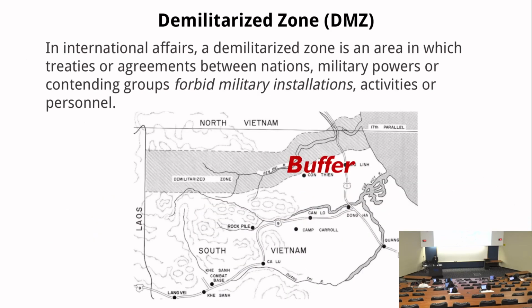So in international affairs, a DMZ is an area under agreement between nations. Basically, it's a buffer, and usually that's the region where you forbid any military installations or activities, right?